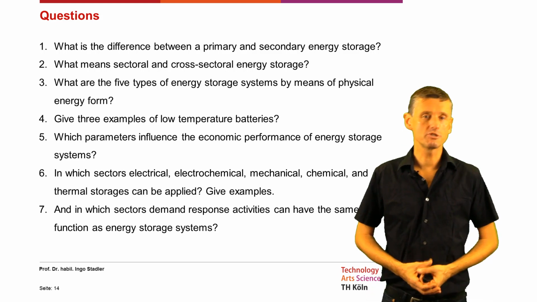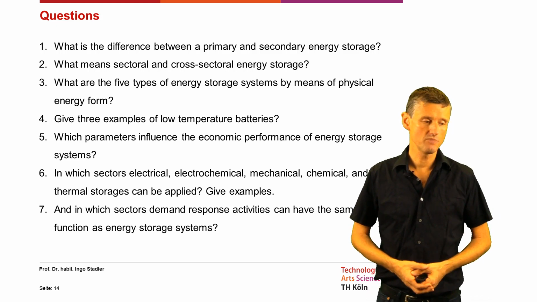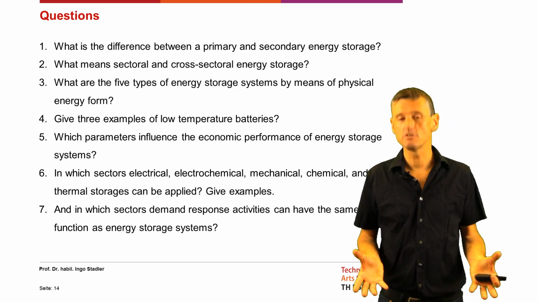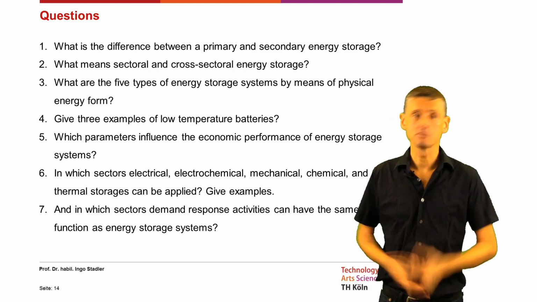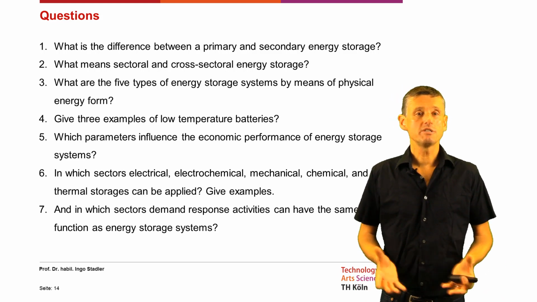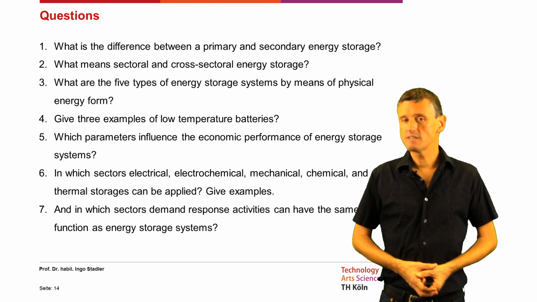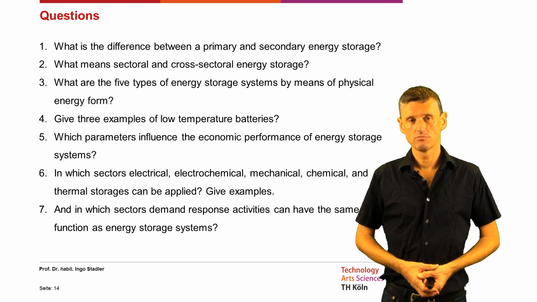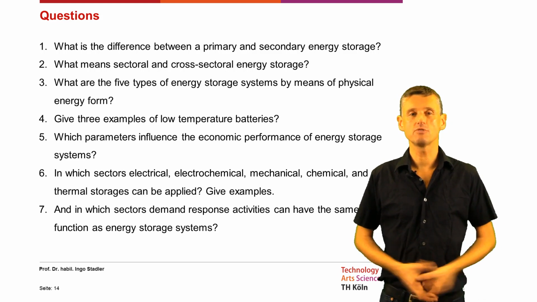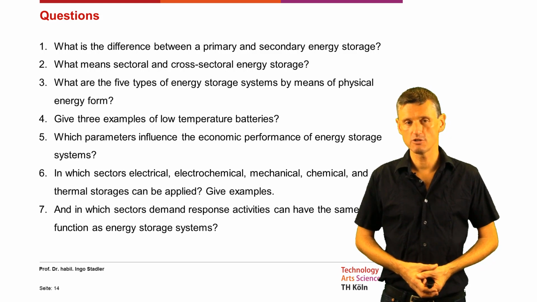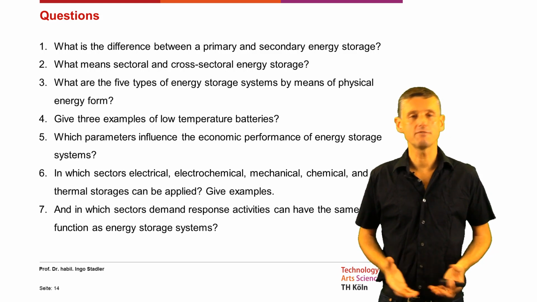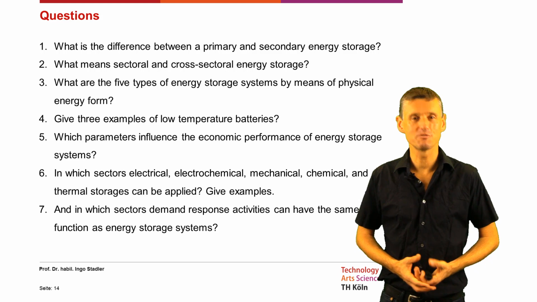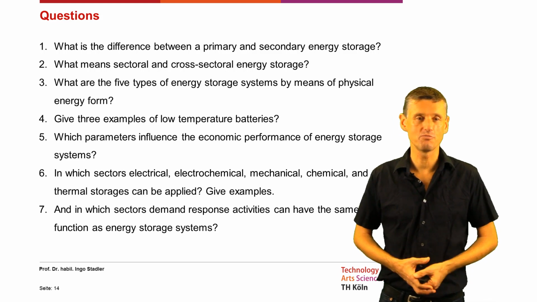Ending with some questions you might answer, maybe not only with the slides here, but also with the script. What is the difference between a primary and a secondary energy storage? What do sectoral and cross-sectoral energy storage mean? What are the 5 types of energy storage systems by means of physical energy form?